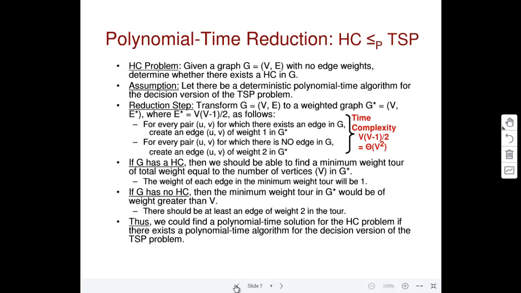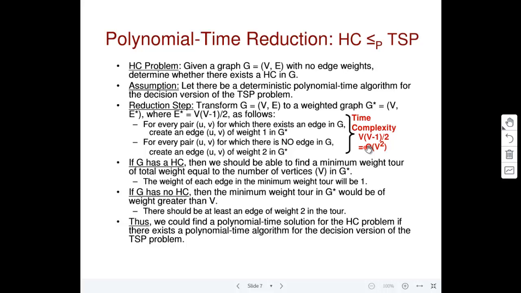We call it a reduction because it's basically a transformation. To solve the Hamiltonian circuit problem, we transform it to a traveling salesman problem in polynomial time, that is v squared time. And by applying a polynomial time algorithm for the traveling salesman problem, which is again polynomial time, you spend polynomial time to transform to a traveling salesman problem and solve it in polynomial time.